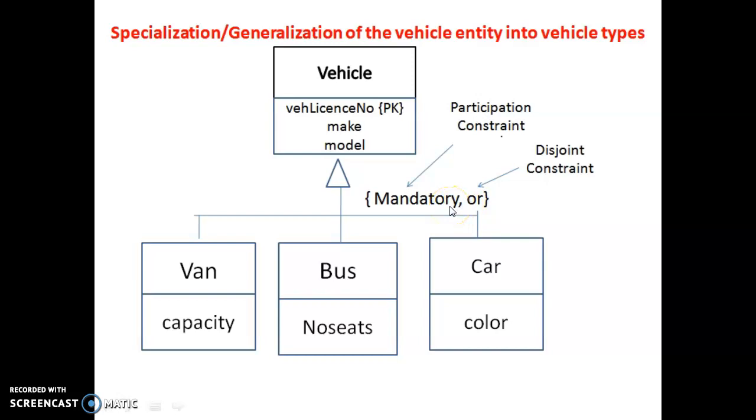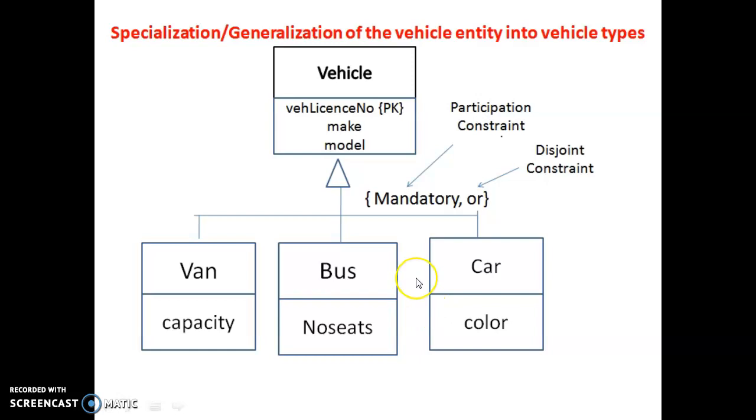For example, in this figure, the subclasses of the vehicle specialization generalization are disjoint, which means that a member or entity occurrence of vehicle must be a van or bus or car, but not all three. These are the three disjoint subclasses.